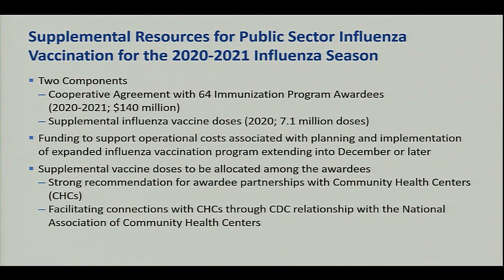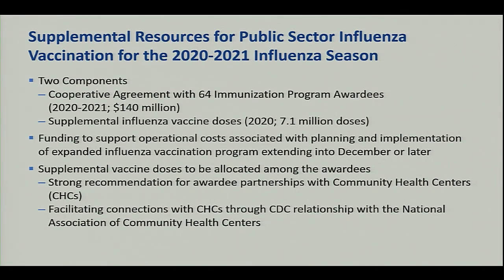Some of these doses will be available late in the season, so it will be especially important that the vaccination season be extended into December or later. Community health centers provide an important partnership opportunity for state immunization programs to reach adults who otherwise might not be vaccinated. We appreciate the support and collaboration of the National Association of Community Health Centers in facilitating these connections with our state programs.